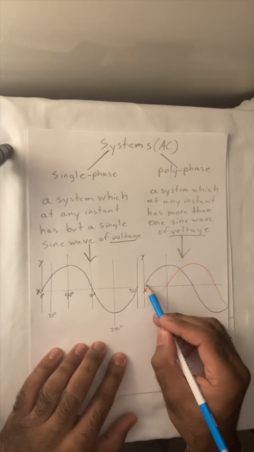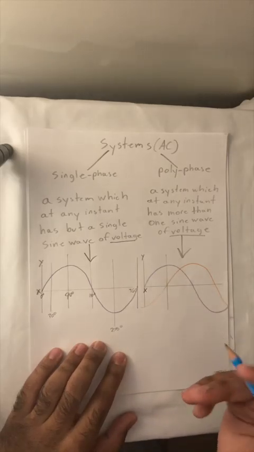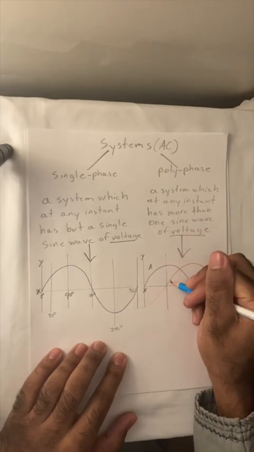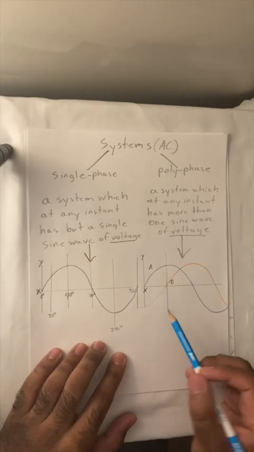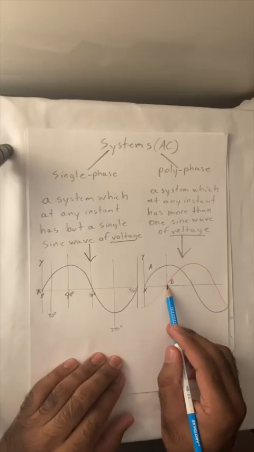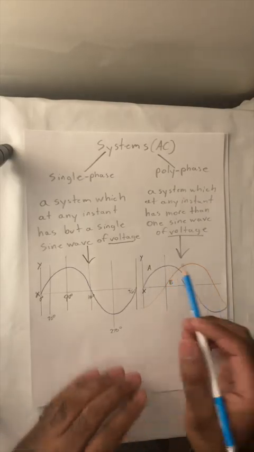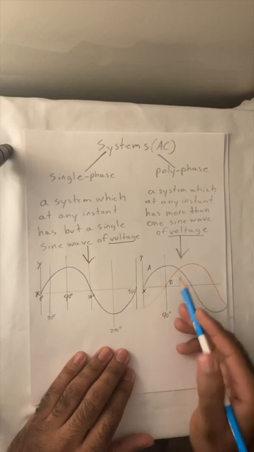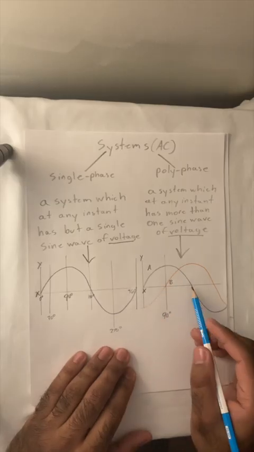For instance, we call this sine wave A and we call this sine wave B. It would intersect sine wave A and sine wave B. Now the amplitude in this situation of B is going to be 0. The amplitude of this one would be the maximum amplitude, because this is at 90 degrees with respect to the sine wave of A.